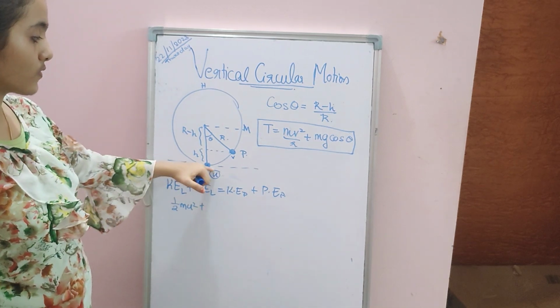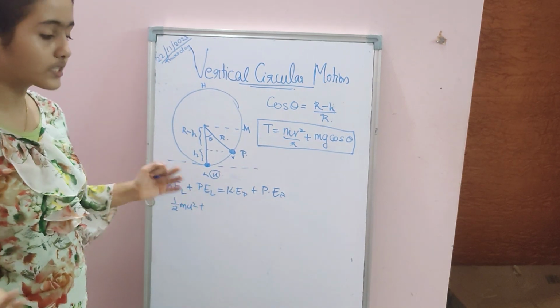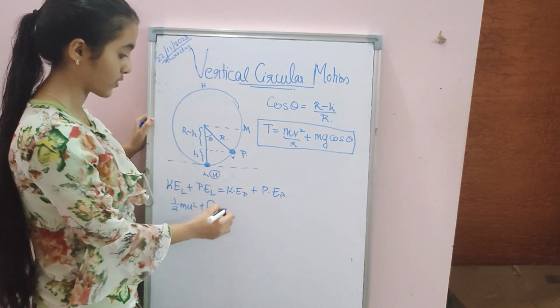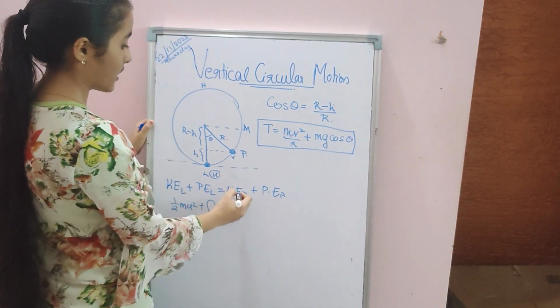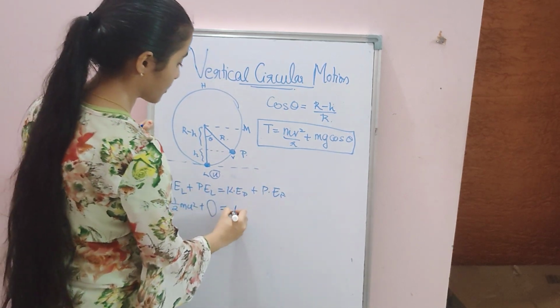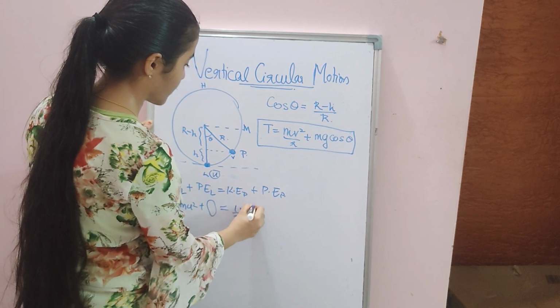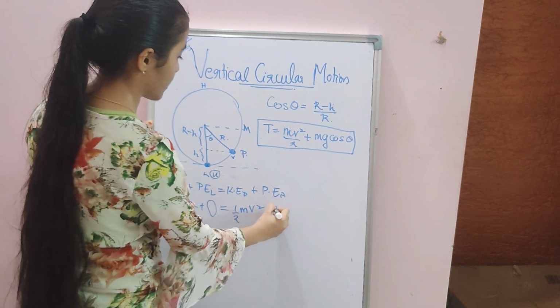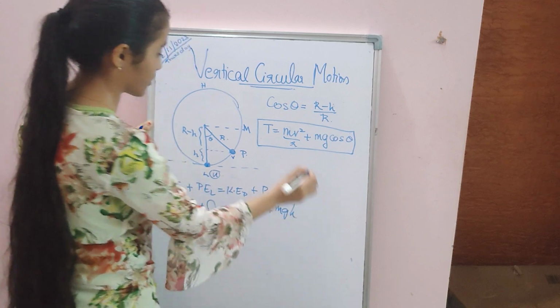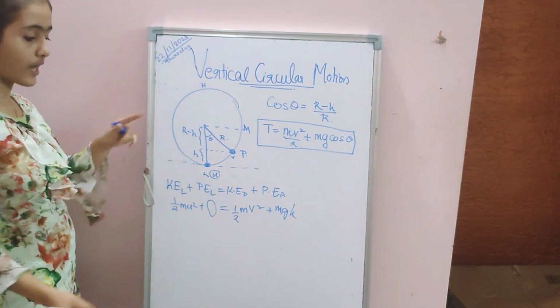Here at the lowest point it has no height, therefore potential energy is 0. At the point P, the kinetic energy is half m v square and the potential energy is mgh, since it has the height h.